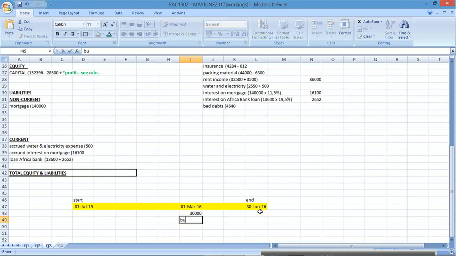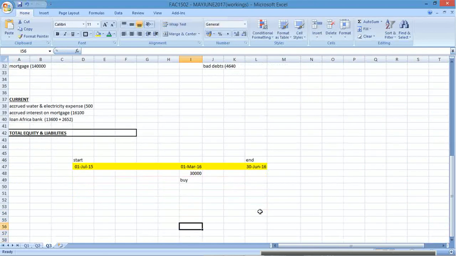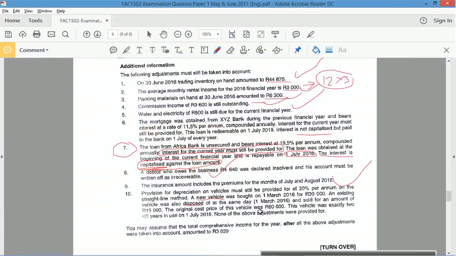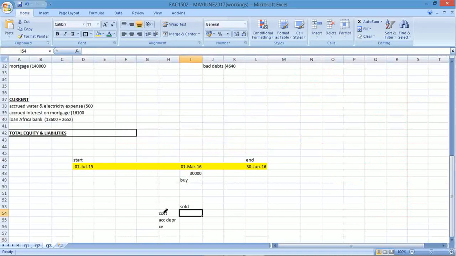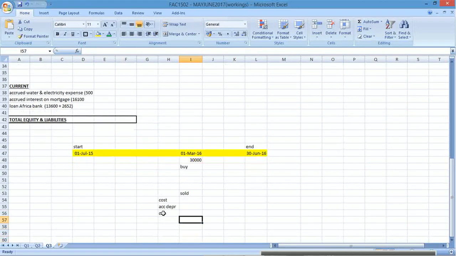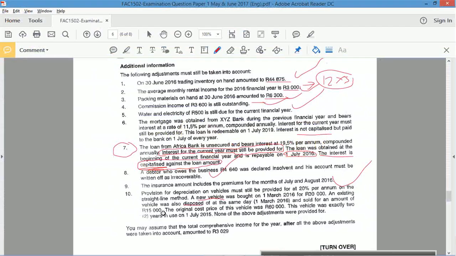So that was buy, and then we also sold. Okay, the cost and the accumulated depreciation. Okay, and the carrying value. Right, so I sold an asset for how much? 15,000. That's proceeds, sold for an amount of 15,000. That's how much the asset gave back in terms of a sale.